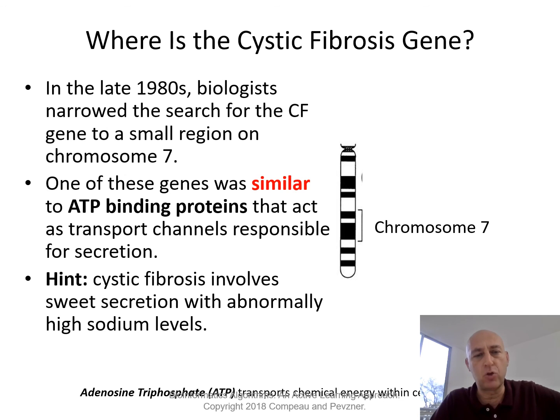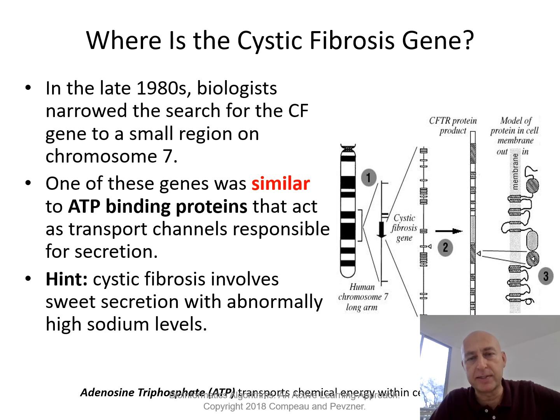One of these genes was similar, how did they know it, to ATP binding proteins that act as transport channels responsible for secretion. Now we had some hint, and we know why we want to compare genomic sequences.